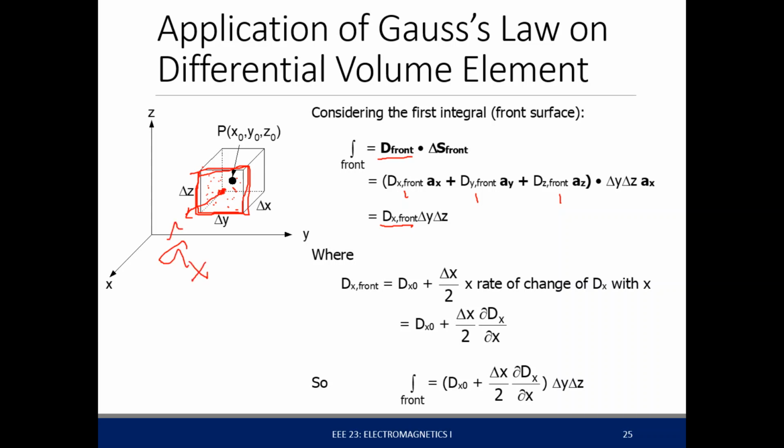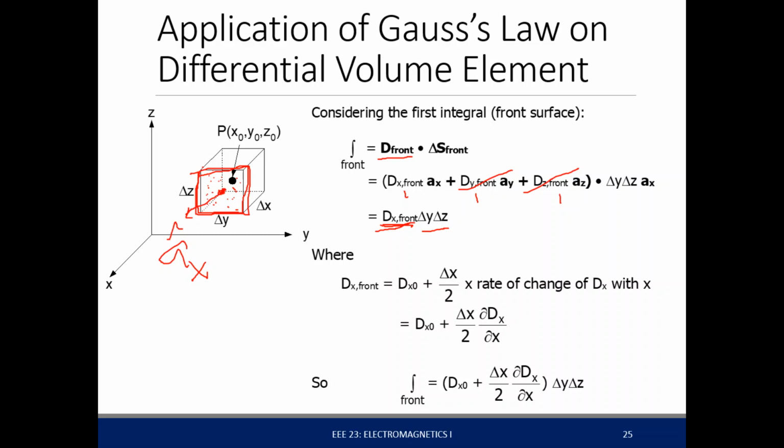If we get the dot product, the Y and Z components won't matter, and what we'll be left with is the X component of your electric flux density times the area of the front rectangle.